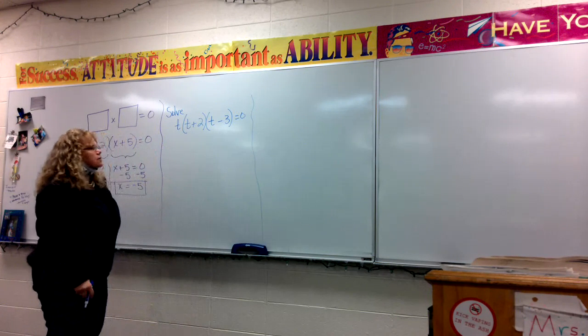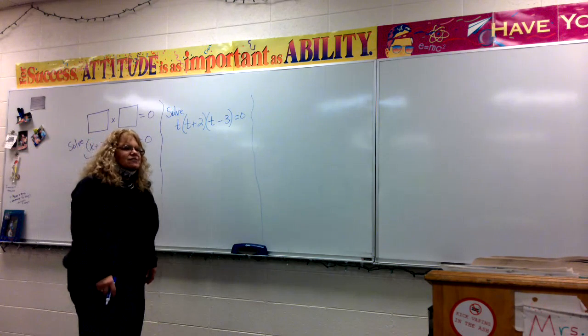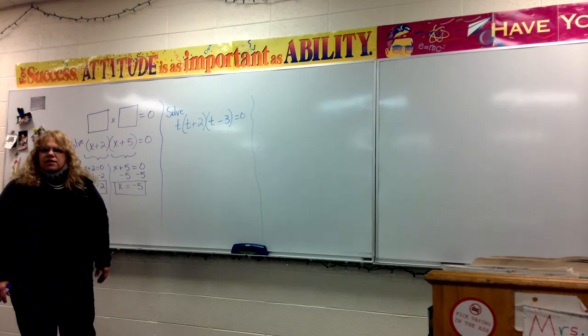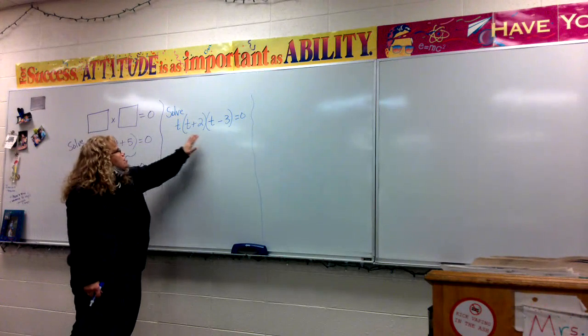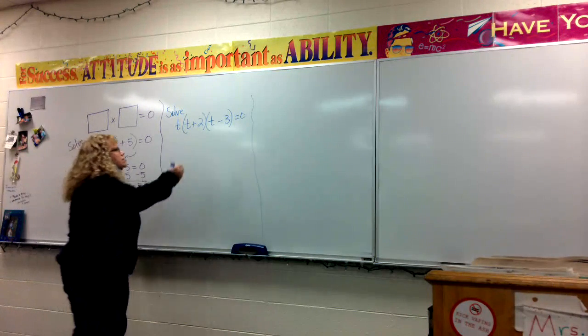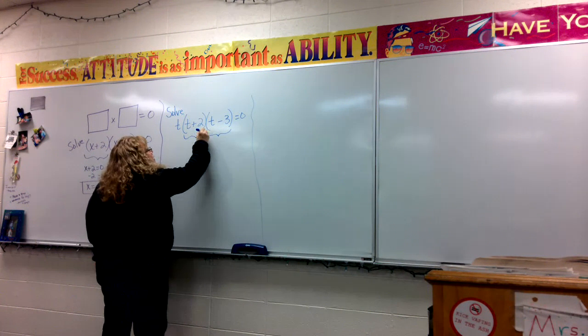So right here, you're multiplying things together and you get an answer of 0. What does that tell you? At least one of the things has to be 0. But how many are you multiplying here? How many things? Here's one. Here's one.